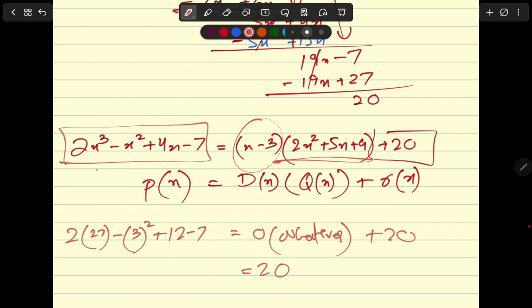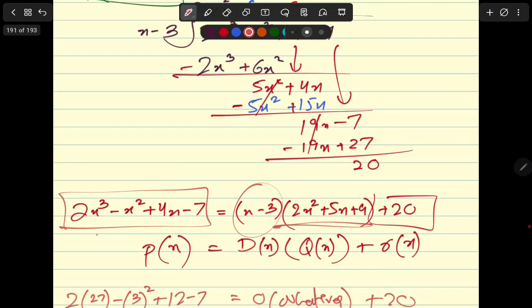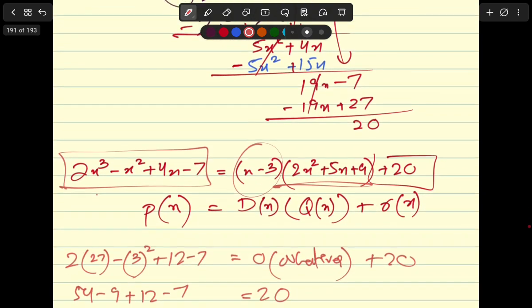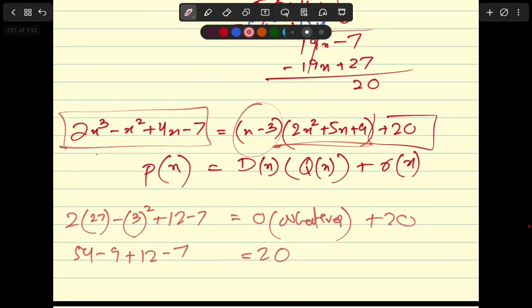And when I put x is equal to 3 here, this becomes 54 minus 9 plus 12 minus 7. Okay, I think we may have made a mistake here. So 3 cubed is indeed 27. So 27 times 2 is 54. 54 minus 9 is 45. 45 plus 12 is 57, minus 7 is 50.